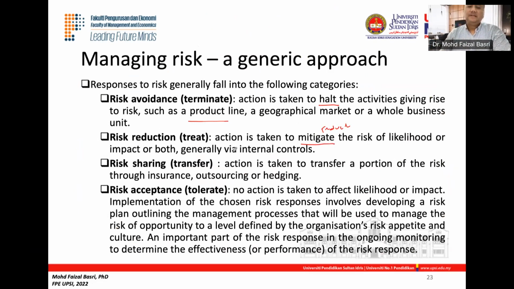As I mentioned in the previous video as well, the easy example of sharing or transfer is through insurance, or takaful, or you can outsource the process to external parties. You don't do it on your own, you outsource it, and the risk is now transferred to the third party for a certain process. Or by doing hedging.